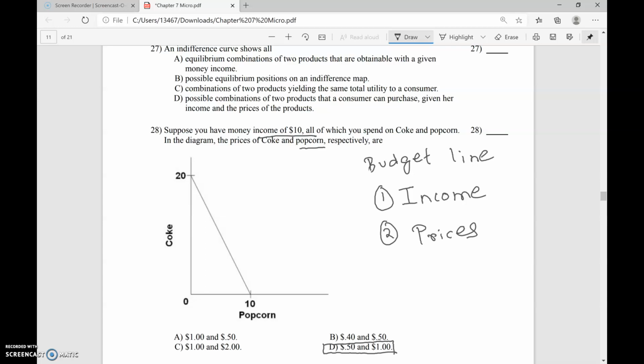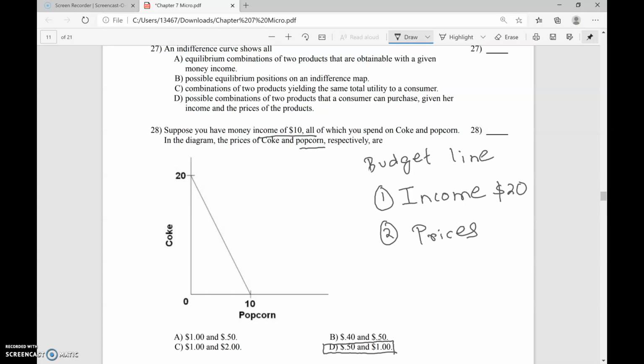Now let's say the income doubles. The income was $10, so the income increases from $10 to $20. What would change on the horizontal axis and the vertical axis?